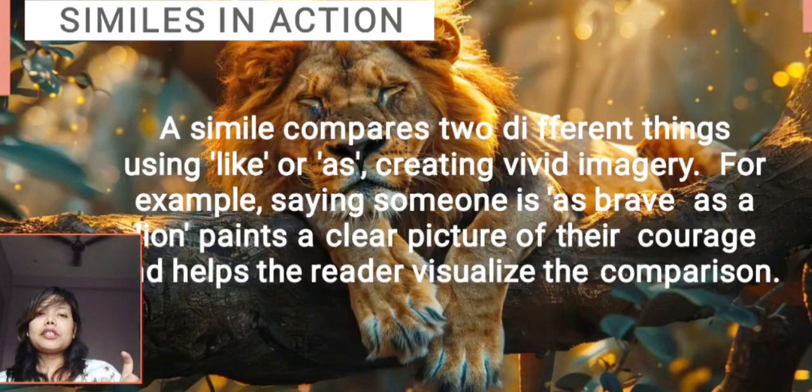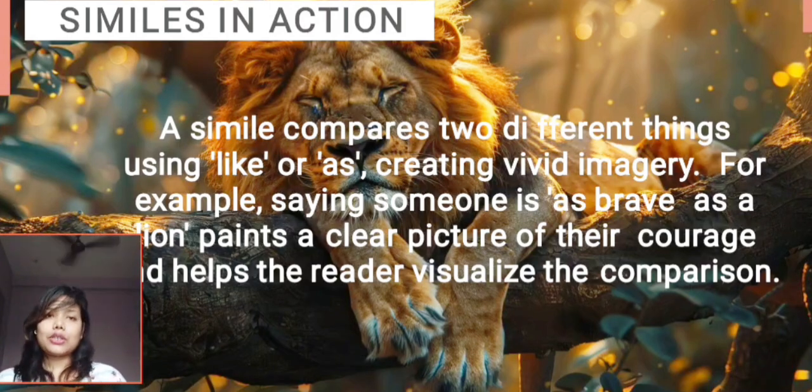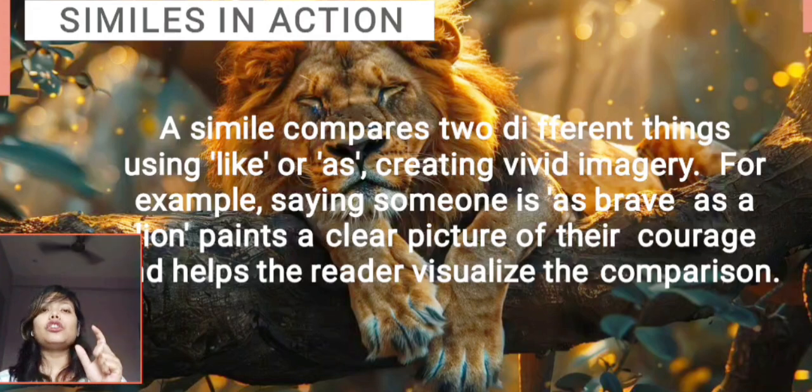So an example of a simile can be: the rose is as red as blood. When you are using that particular word, as, you're surely stating that this is a simile. The rose is as red as blood means you are comparing the rose with blood, which are quite different.